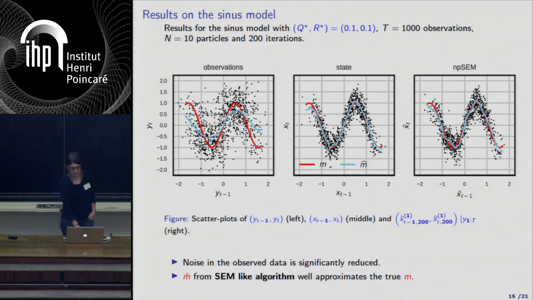And again, the red line is the truth, and the blue line is what we estimate from the dots. And on the right, you have the final iteration of our algorithm. So you can see that now the points are very close to the states. And the estimation of the dynamic is also quite good because the blue line is very close to the red line.